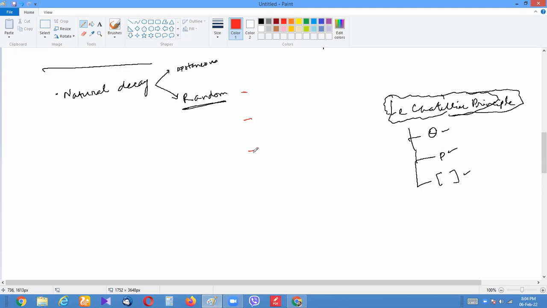It will produce ionizing radiation. So ionizing radiations are not radioactive. Things from which the ionizing radiation come out, they are radioactive. This is a very important thing.